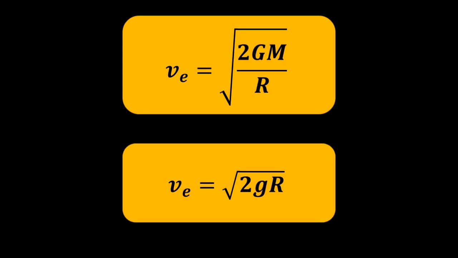One is root over of 2GM by R, where capital G is the universal gravitational constant, capital M is the mass of the earth and capital R is the radius of the earth, or root over of 2gR, where small g is the acceleration due to gravity near the surface of the earth. So these are the two alternate expressions of escape velocity.